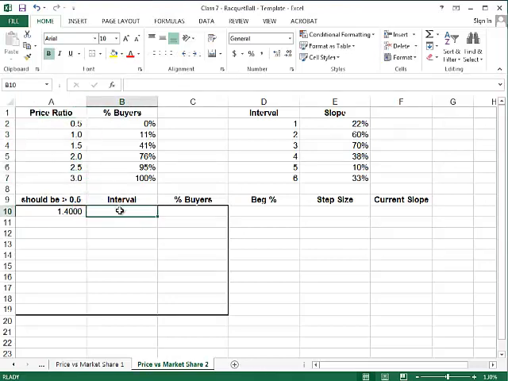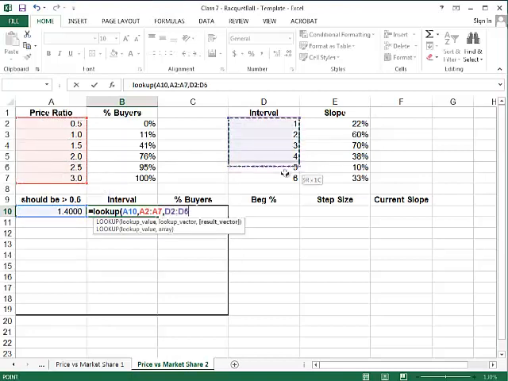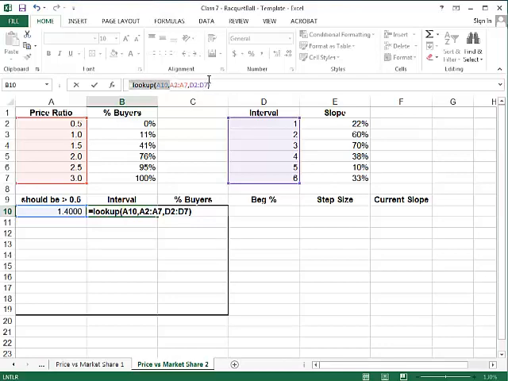So for that, I'll use a lookup function. I'll look it up here, and tell me which interval I end up in. And I'm going to copy paste this formula all the way down from row 10 to row 19.